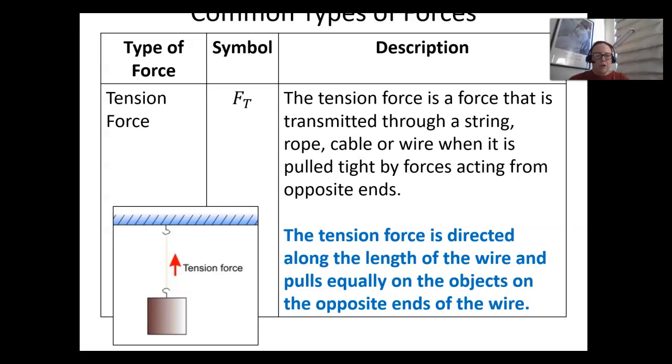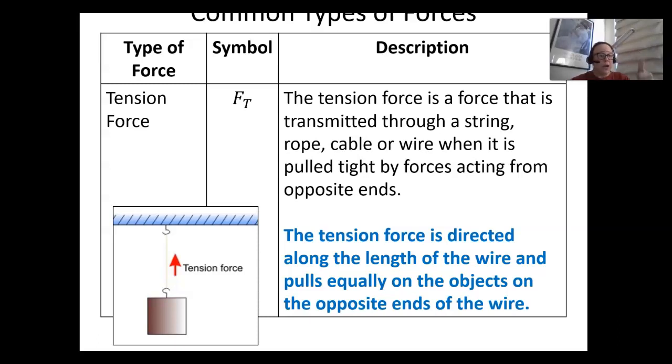So in my little example here, I've got a mass or a weight that is suspended from the ceiling by a wire. And so the reason that this mass does not fall down to the ground is because that wire is supporting it and holding it up. So there is a tension force pointing up on this mass that is being supplied by that wire. The tension force is always directed along the length of the wire, and it pulls equally on the objects on the opposite ends of the wire.